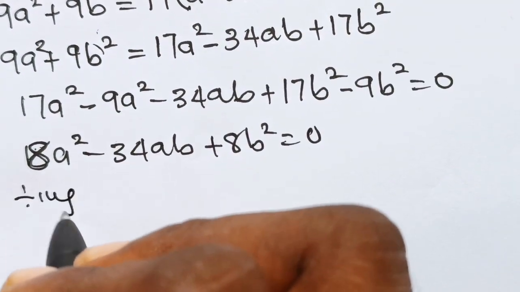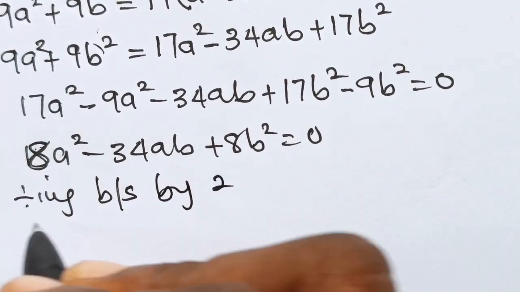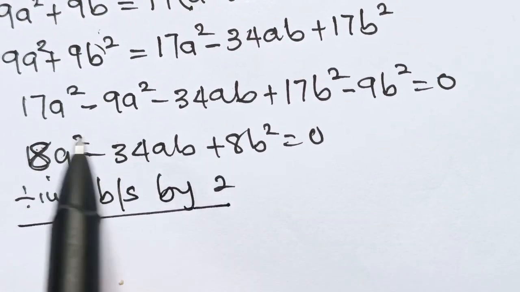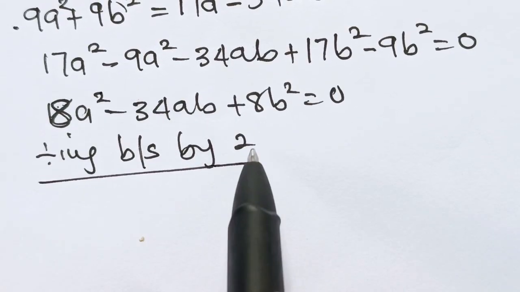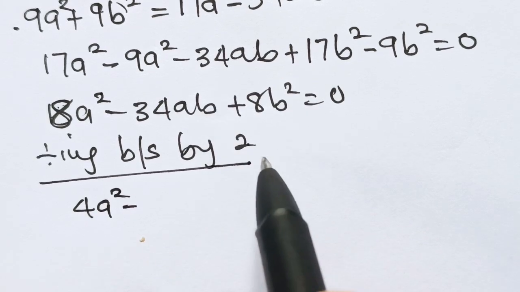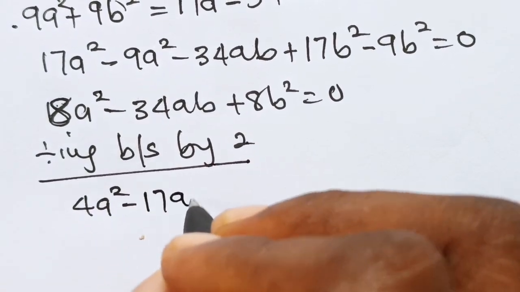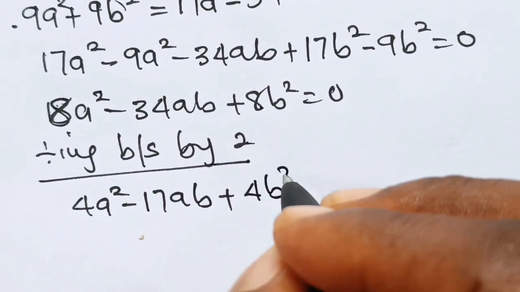Now dividing through by 2 in order to reduce the numbers. So 8a squared divided by 2 is 4a squared. 34ab divided by 2 is 17ab. 8b squared divided by 2 is 4b squared.